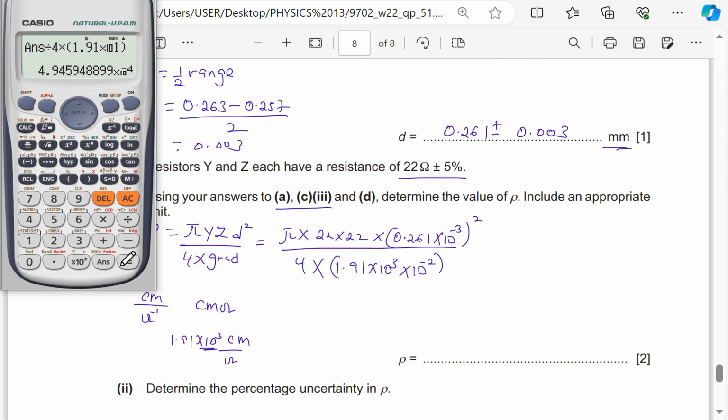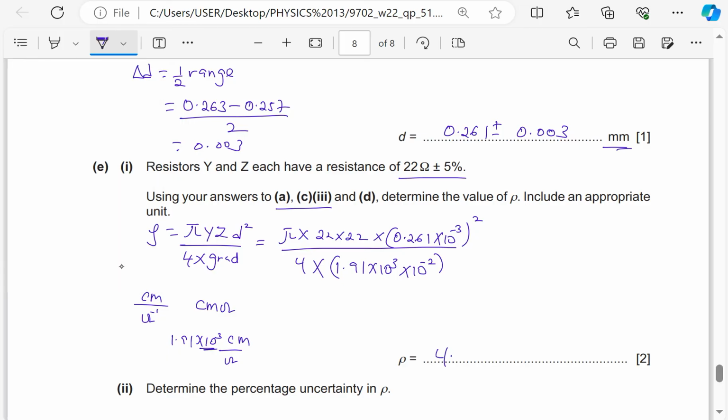So this is going to be 4.95 times 10 to the power of minus 4. The units we have are ohms times meters squared divided by meters times ohms. So this cancels with that, and I remain with ohm meters.